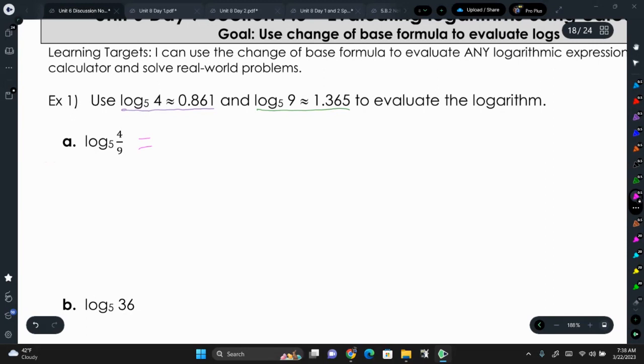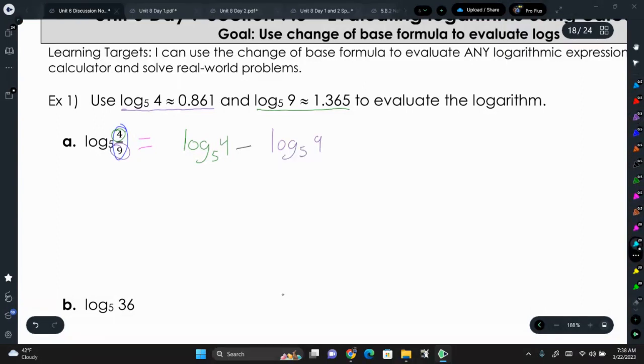We know from our properties of logs that if we are dividing in a singular log, we can separate that as two separate logs with a subtraction sign. So 4 is on the top, so it's going to be log base 5 of 4, minus the bottom here, log base 5 of 9.